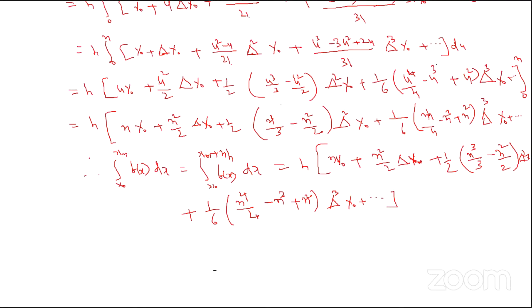This is equation number 2. So this is called the general quadrature formula for equidistant ordinates. Hence proved.